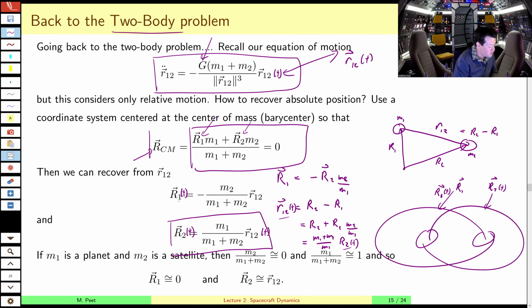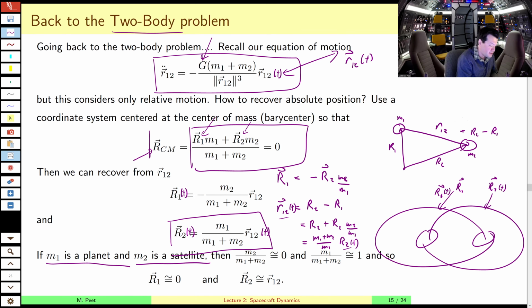That's useful. And of course, in the restricted two-body problem, we take this a little bit further. We make the additional simplification where we assume that the mass of mass 1 is very large and the mass of mass 2 is relatively small.